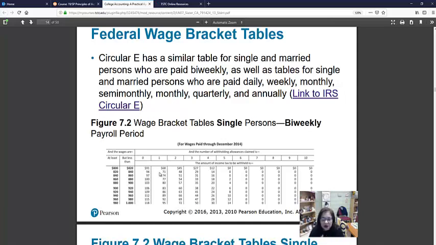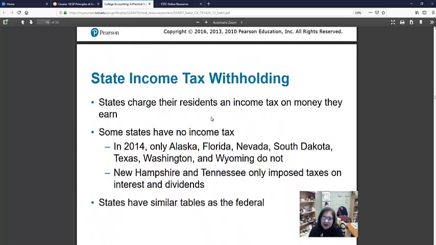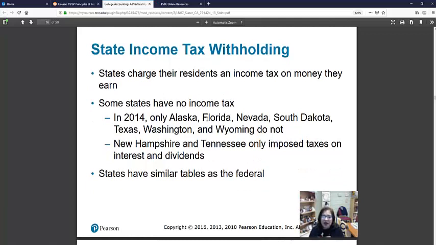Okay, 0, 1, 2, however many. Okay, that's what it looks like. Again, state income tax withholding. If your state goes ahead and withholds income tax, only in 2014, only Alaska, Florida, Nevada, South Dakota, and Texas, Washington, and Wyoming do not have a state income tax.